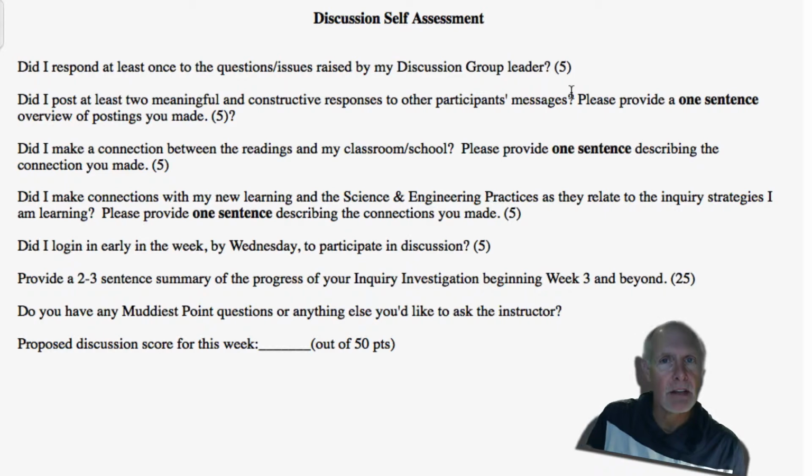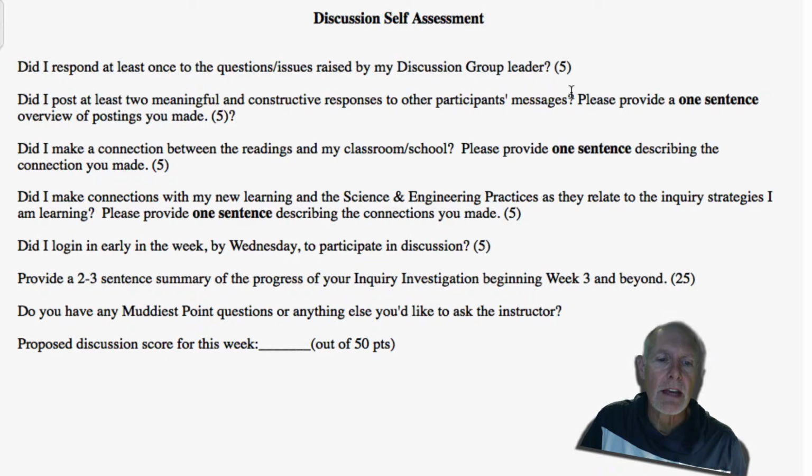I'm asking if they've made connections between the discussions and what's going on in their professional settings. And then I always end each discussion rubric with what I call a muddiest point, something that they don't understand. Then they are allowed and encouraged to ask me questions in that muddiest point.